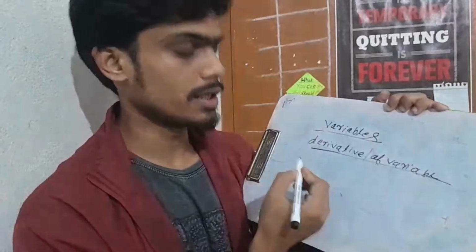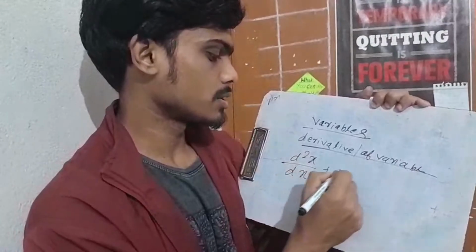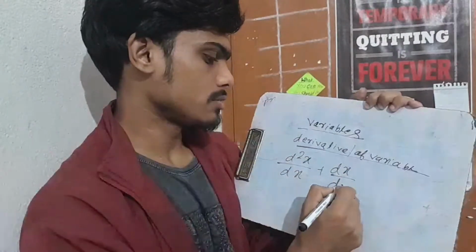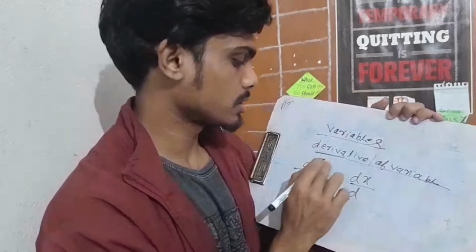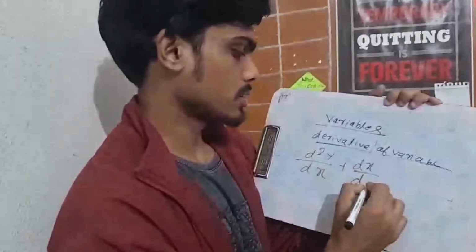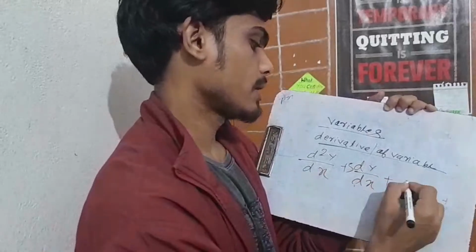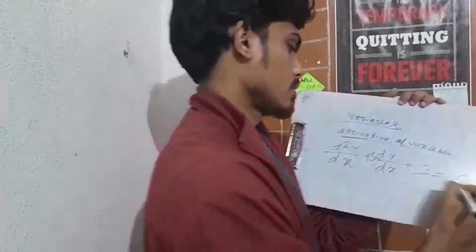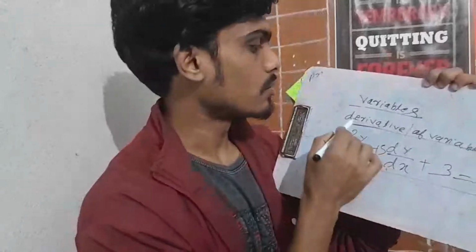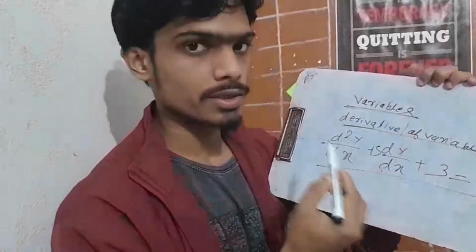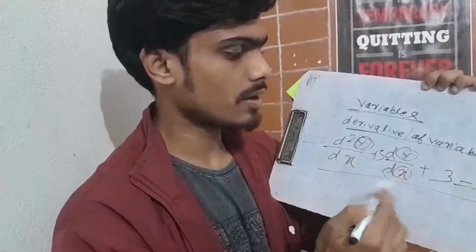How can we say derivative of variables? Like d square y by dx square plus dy by dx plus 3 equal to 0. This is the derivative. It contains lots of things. Firstly, variables. Here, all these things are variables. This is a variable, this is a variable, this is a variable.